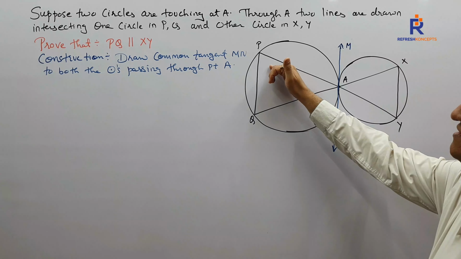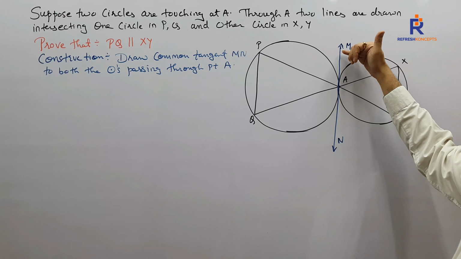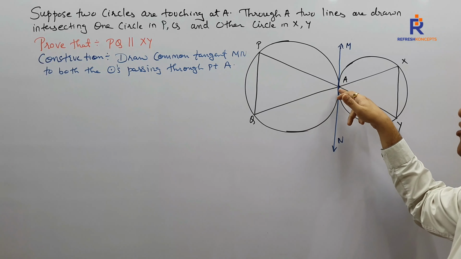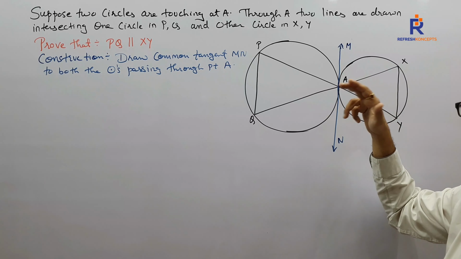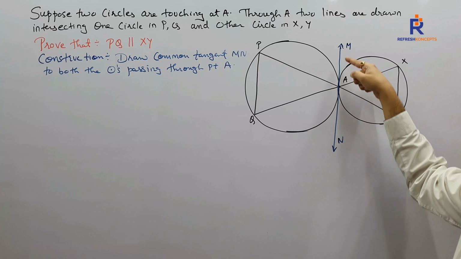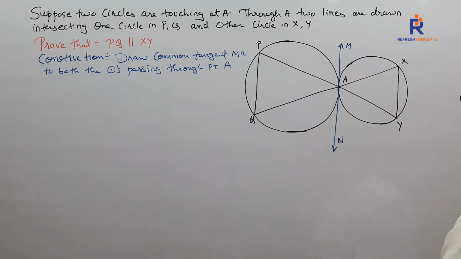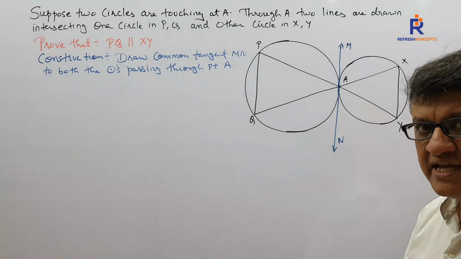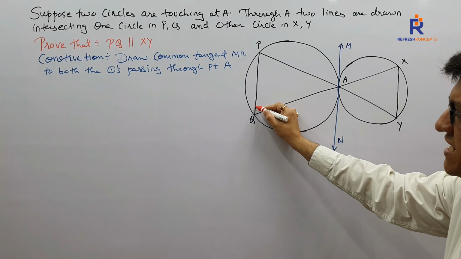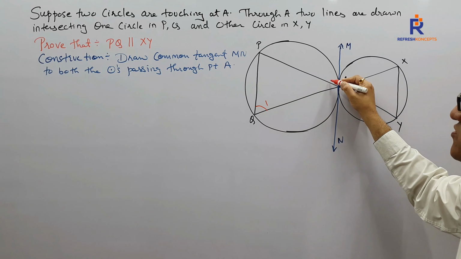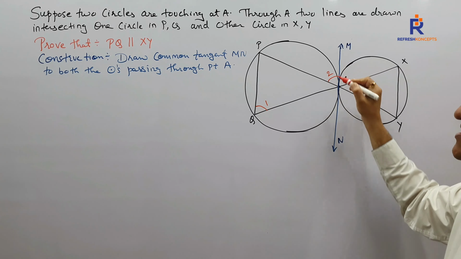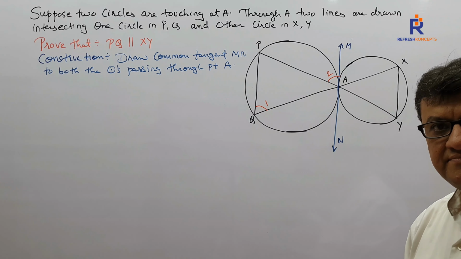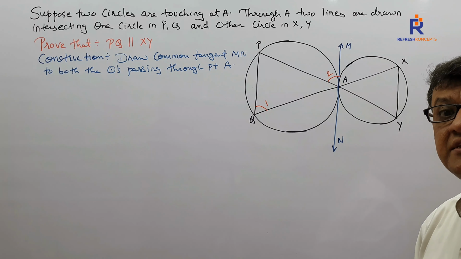What type of angles are angle PAM and angle PQA? Are they tangent secant angles? So can I say angle 1 is congruent to angle 2 by the tangent secant theorem?